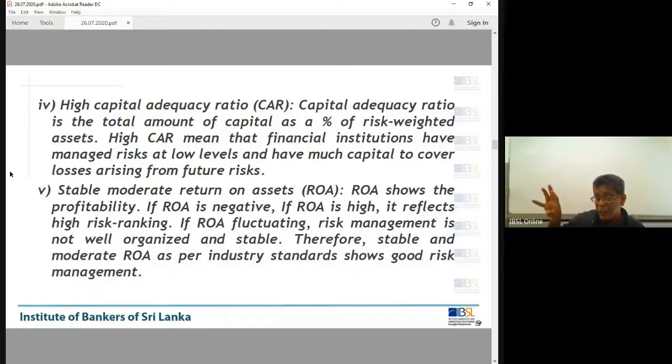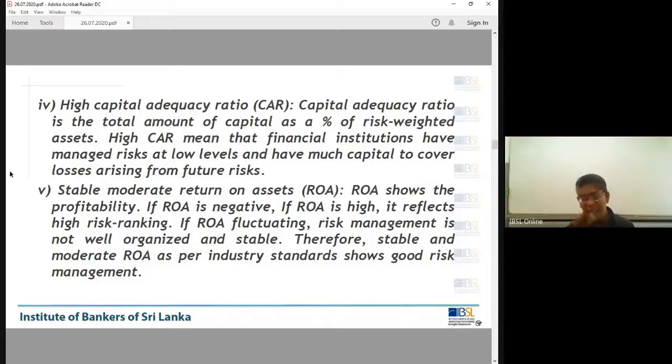And the next category, HNB and People's Bank, need to maintain 13.5, whereas all other banks need to maintain a capital adequacy ratio of 12.5.